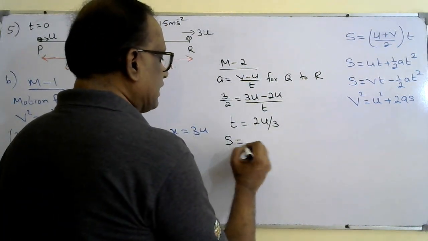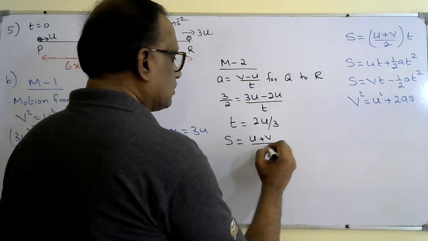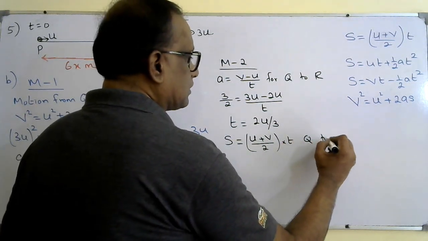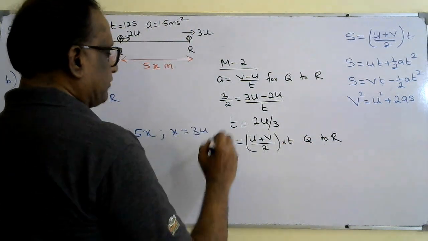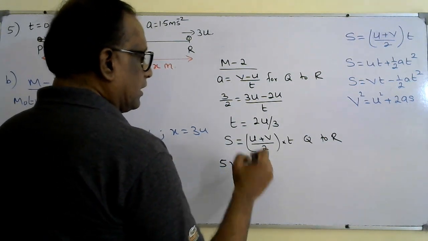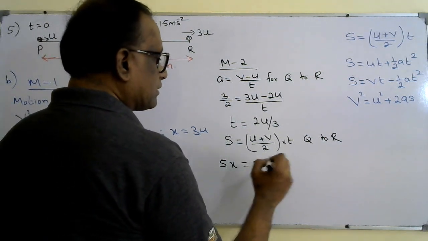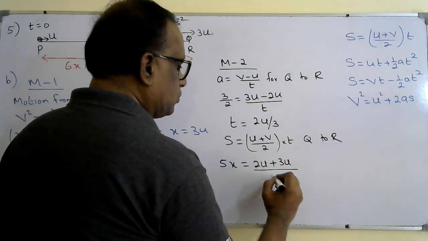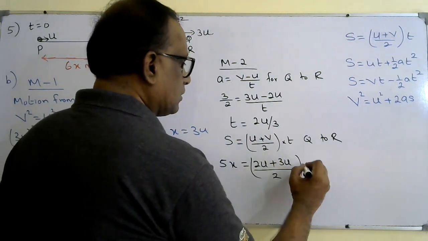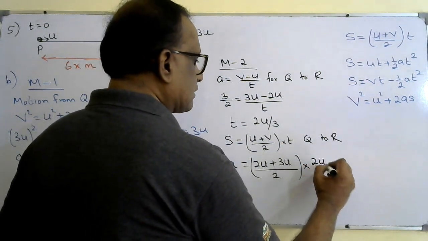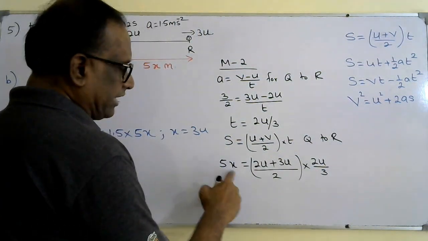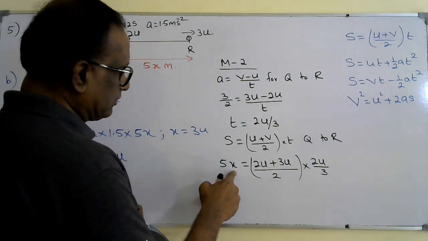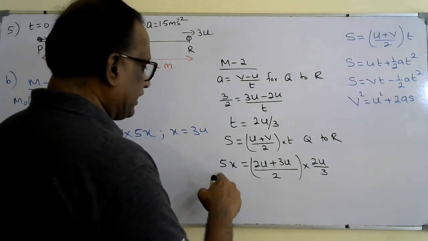Now use the equation S equals (u plus v) by 2 into t for the motion Q to R. Same thing. So S is 5x. Initial velocity is 2u at Q, final velocity is 3u at R, over 2, into time 2u over 3. We know x equals 3u. So if I substitute x equal 3u, it's going to be 15u here.